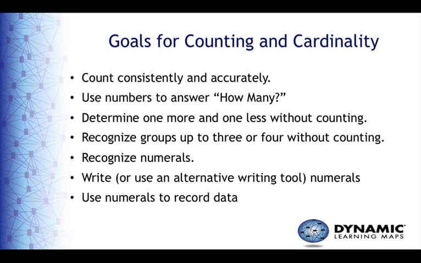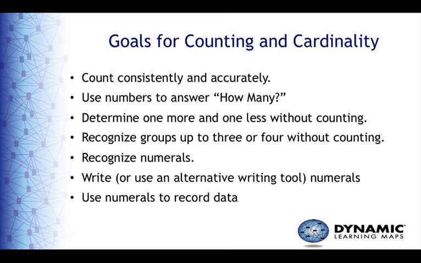There are broad goals that apply across grade levels regarding counting. They are: count consistently and accurately, use numbers to answer how many, determine one more or one less without counting, recognize groups up to 3 without counting, recognize numerals, write numerals, use numerals to record data.